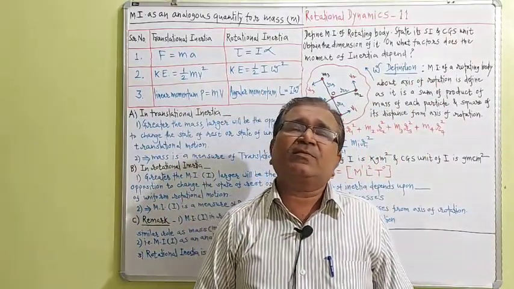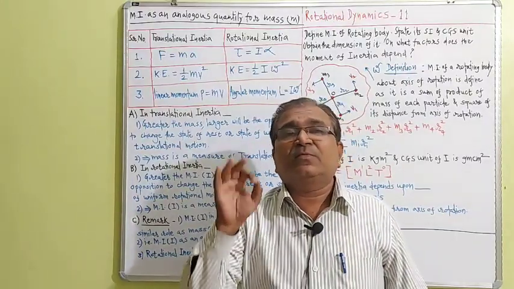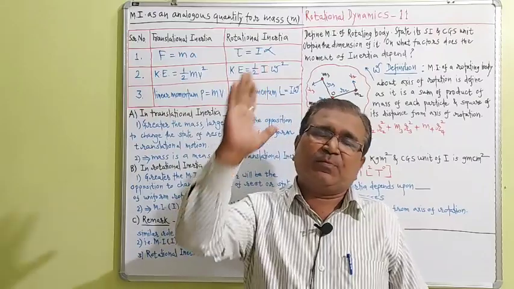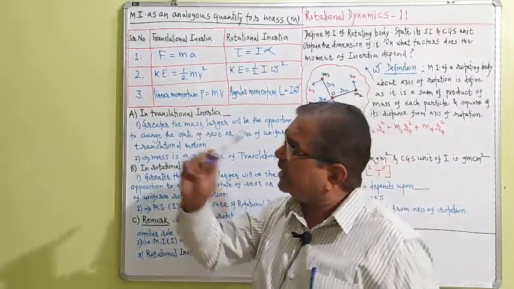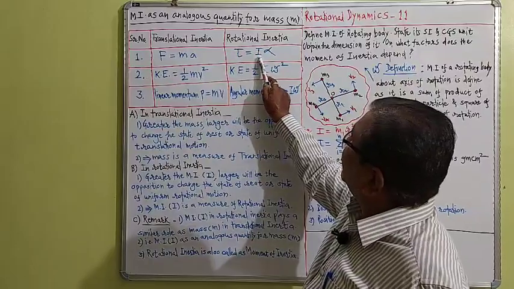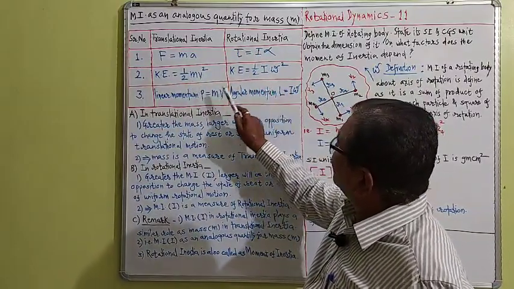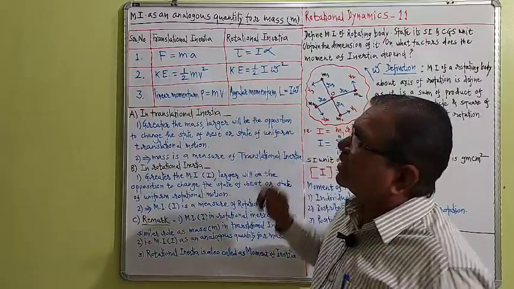What we observe, what remark we get from the table, that is most important, dear student. Mass m, capital I, mass m, capital I.